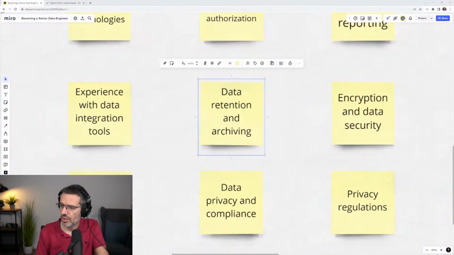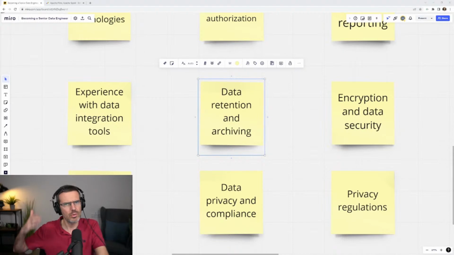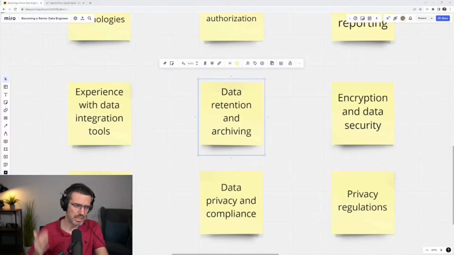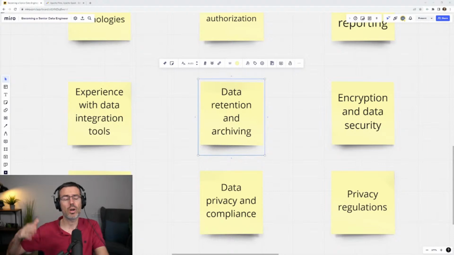A senior data engineer should have experience in designing and implementing data retention and archiving policies to ensure that data is retained for the appropriate period of time and is properly archived for long-term storage, because long-term storage is cheaper than having it in your real-time storage in your database. So what data are you going to keep for how long? And the data that you keep, are you going to keep this in your expensive storage, or are you going to archive this so that it might take longer to access it, but it's cheaper?